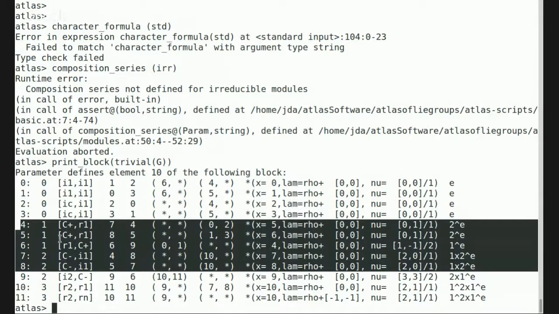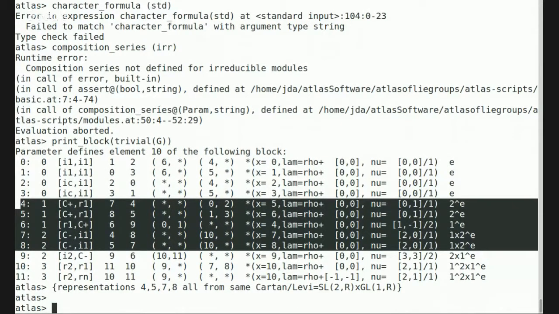Let me just say here, representations 4, 5, 7, and 8 are all from the same Cartan and the same Levi factor, which is SL2R cross GL1R. Okay, so let's look at those and maybe see if we can understand what the difference between them is.